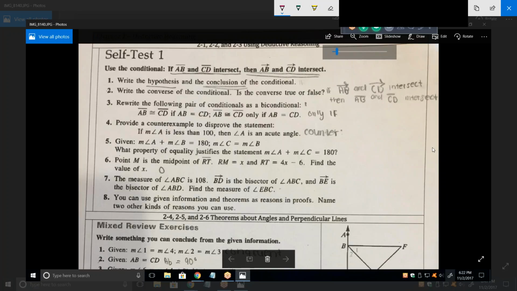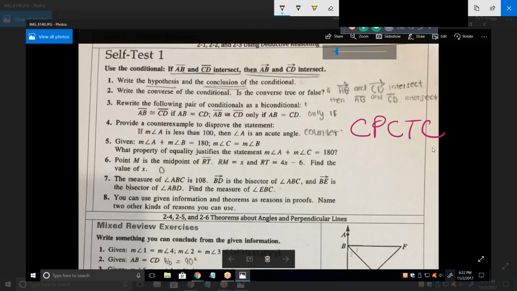I can think of at least one. Funny sounding one, CPCTC. Oh yeah, corresponding parts. And that's not a theorem, I don't believe. Is it? No. So that's definitely one other kind of reason you can use.